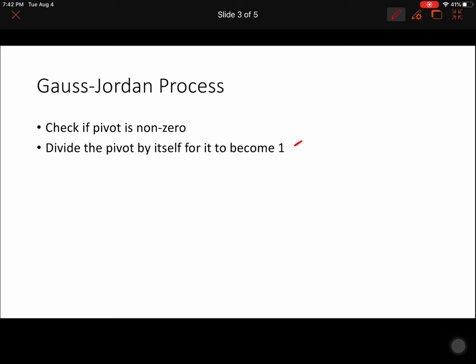So kani siya mura siya borrowed sa matrix inversion method. So, di ba sa matrix inversion method, before ta mag-minus or mag-subtract, atong i-divide ang pivots by itself para mahimong 1. So, ana ra kadali. Next is eliminate the rest of the elements in the pivot column.